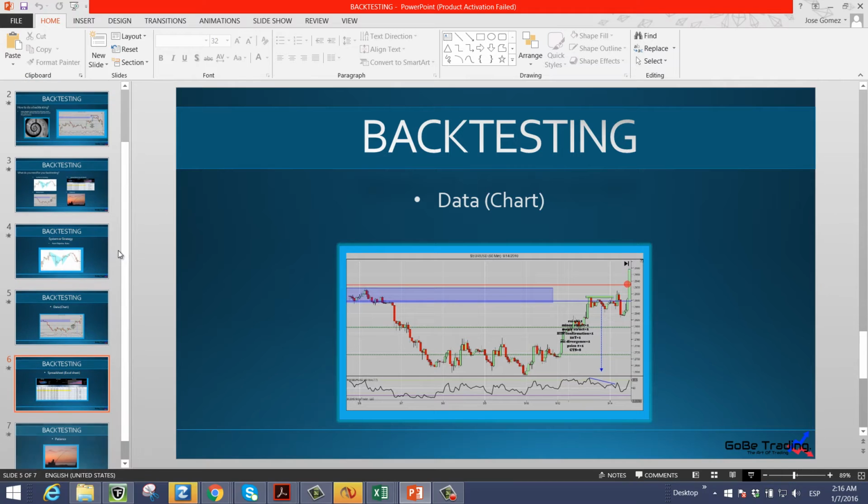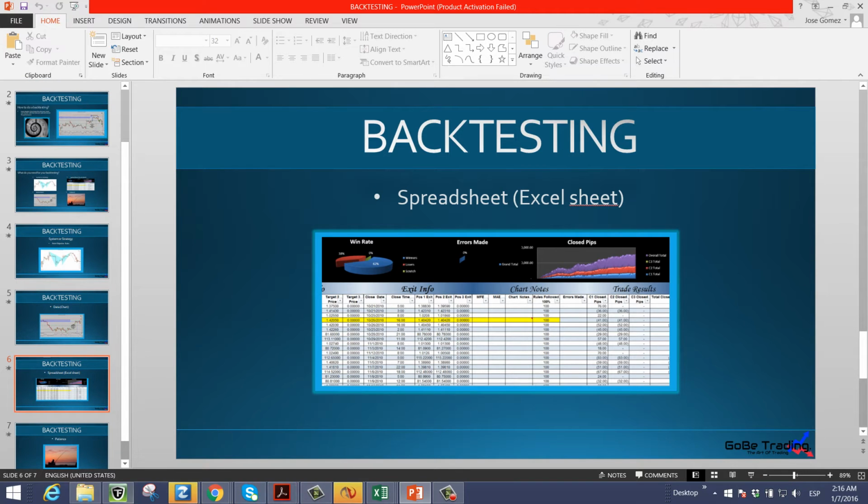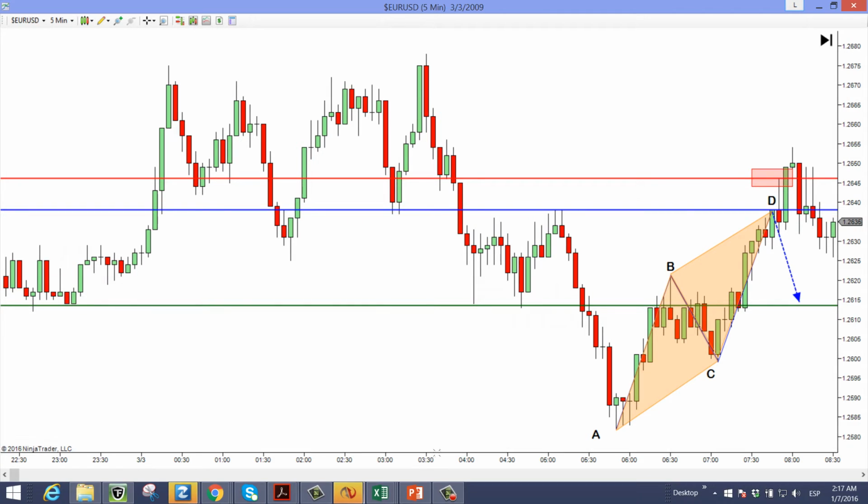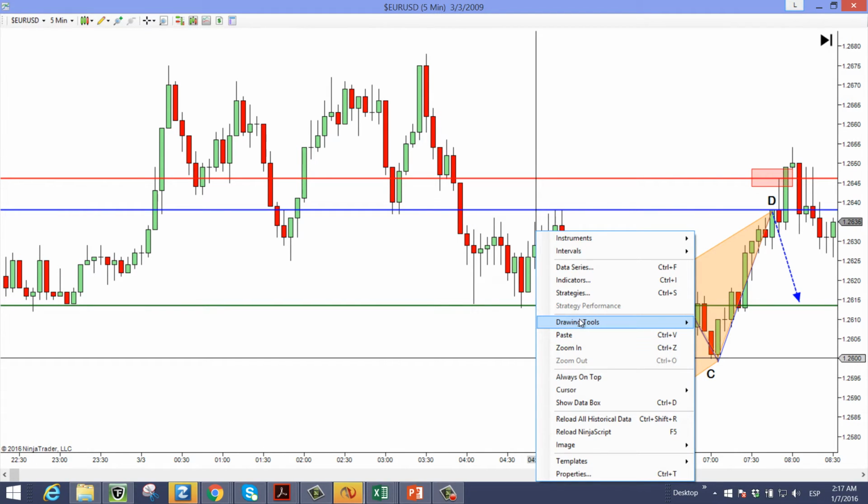So, knowing this, let's do an example of backtesting. For example, if I go here, let's delete all this.